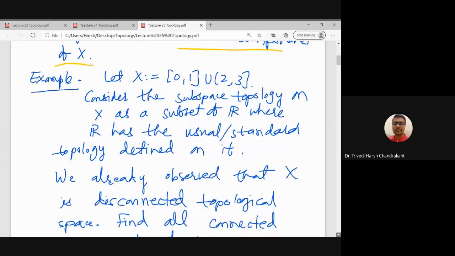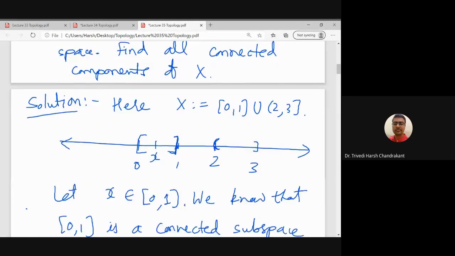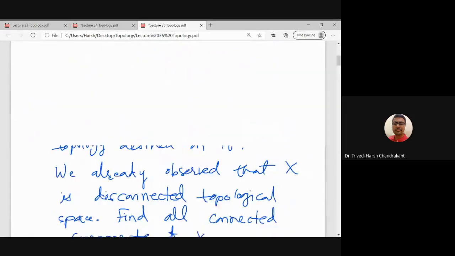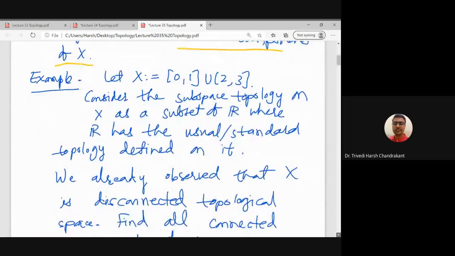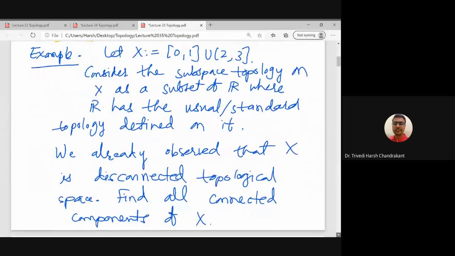If X is itself connected, then it has only one component, the entire space. But if X is disconnected, it has more than one component, which are subsets of X and are connected spaces. So we want to find those connected subspaces of X whose union is X. How will we find them?